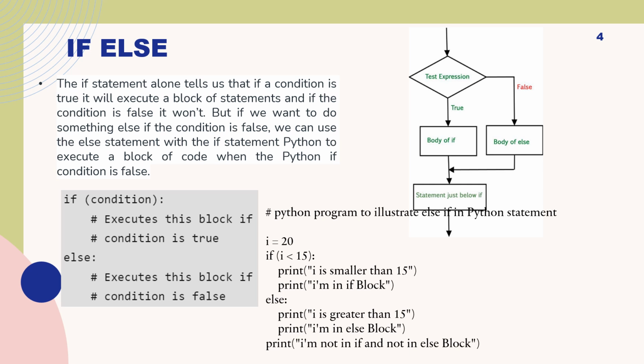And here you can see a simple program to demonstrate the if else in Python. i is equal to 20, and we are writing the condition: if i is less than 15, it has to print "i is smaller than 15" and "I am in if block", otherwise it has to print "i is greater than 15" and "I am in else block". Otherwise it has to print "I am not in if and not in else block".